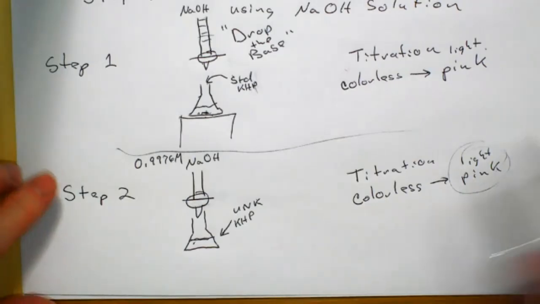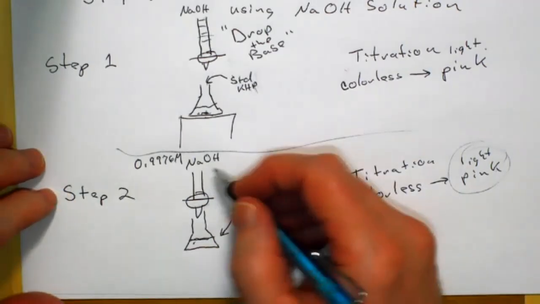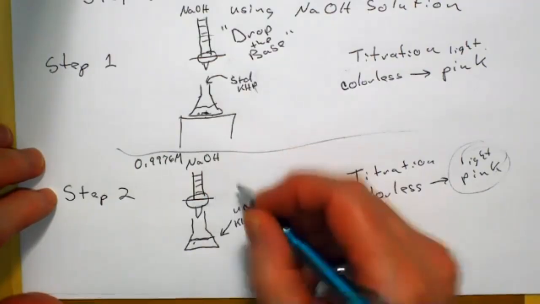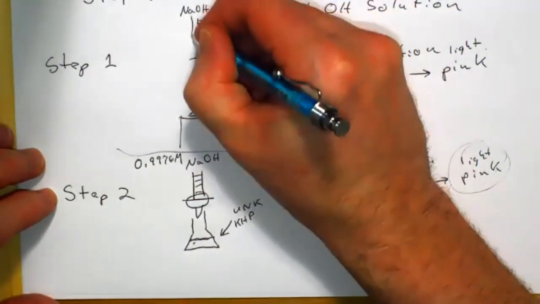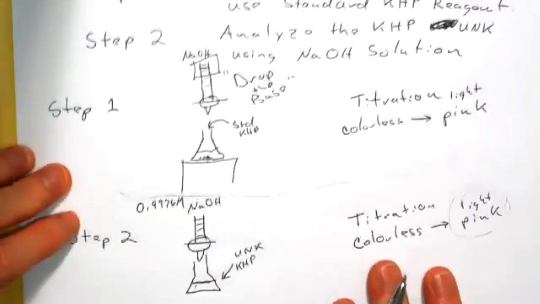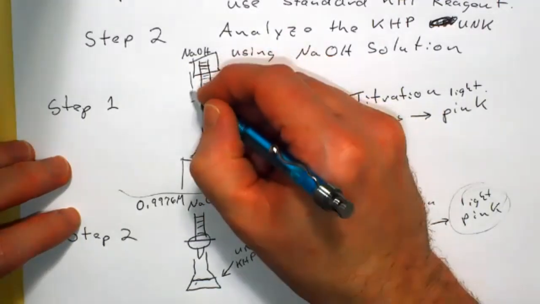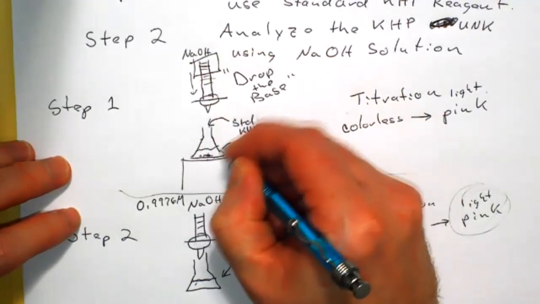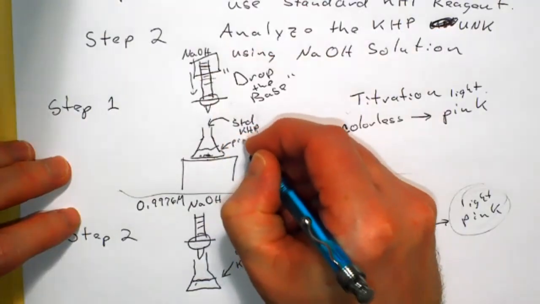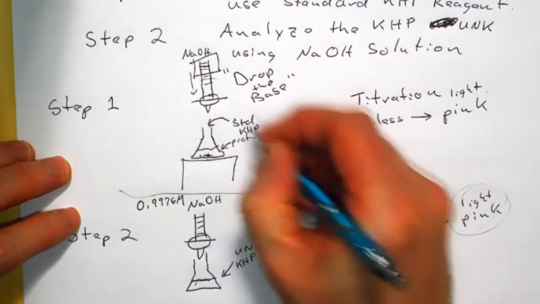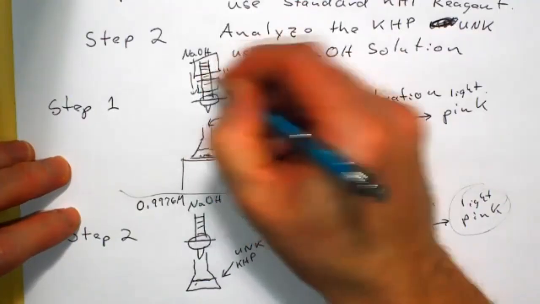And if you want, you can try to film. I always say, take a picture before you start, at the start of the titration, and then down here, take a picture of that color. And then down here, when you're done, take a picture of that endpoint.